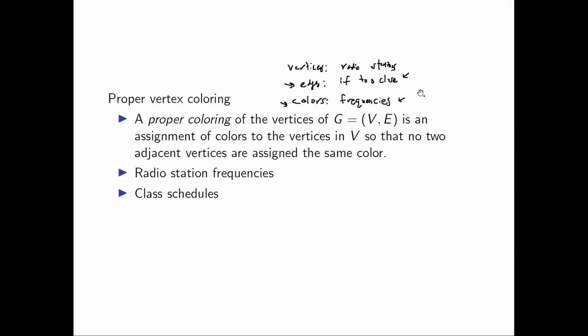So that's one real-world situation where we might want to apply proper colorings. Another real-world situation is class schedules. So in this situation, the vertices would be the classes. We would have an edge between two classes if they have some students in common.